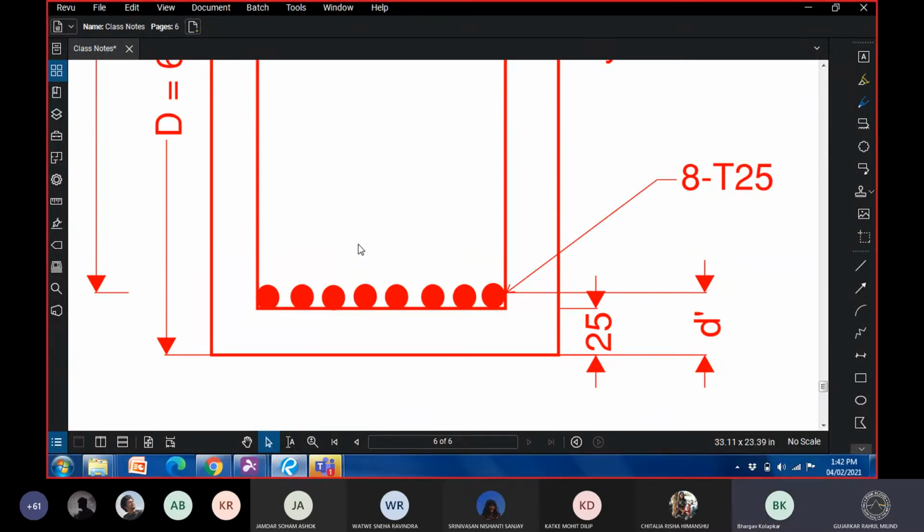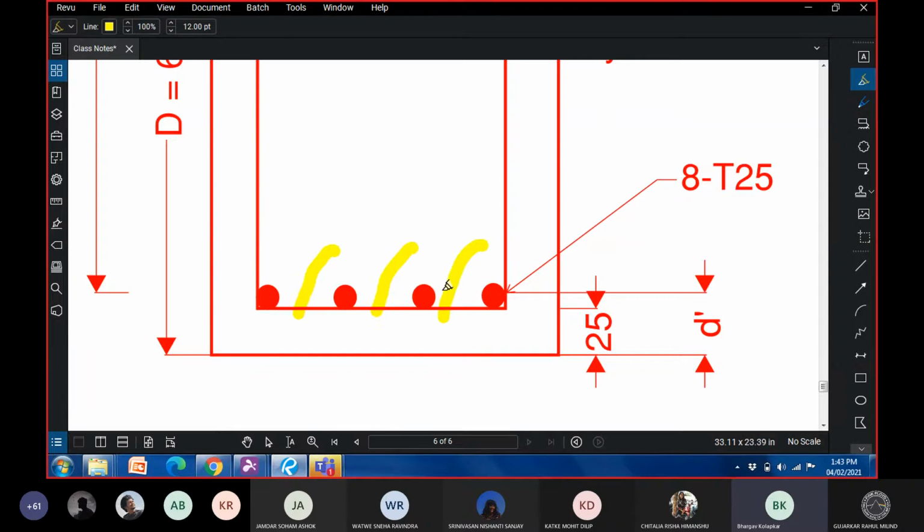Okay, so there are two things here. First is that irrespective of what the diameter of the reinforcement is, one thing to be ensured is that there's adequate gap between two bars so that concrete can go in. That's the first thing.